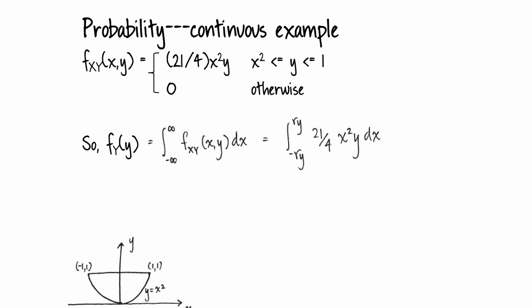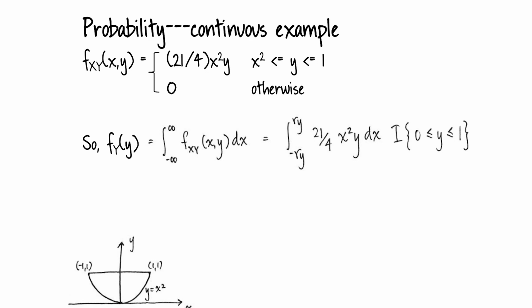We can do the same thing. We just calculated the marginal PDF of x. We can do the same thing with y and calculate the marginal PDF of y. For a particular value of y, I want to make sure I get this right, the limits of integration are going from negative square root of y to square root of y.